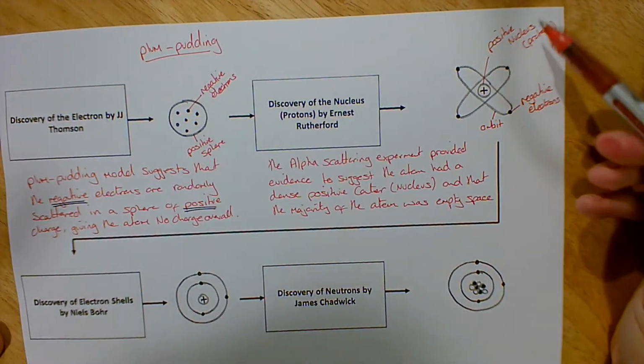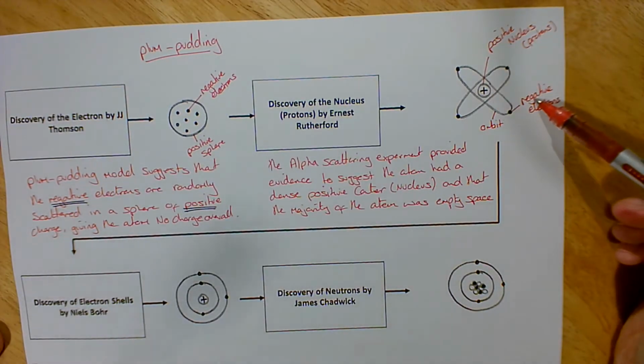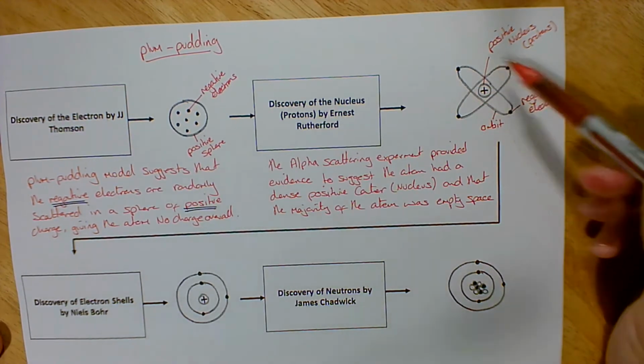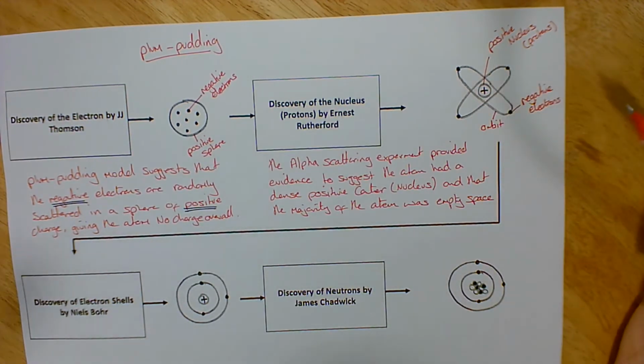So now we have a positive nucleus, and our electrons are now orbiting that nucleus because the majority of that atom is empty space.